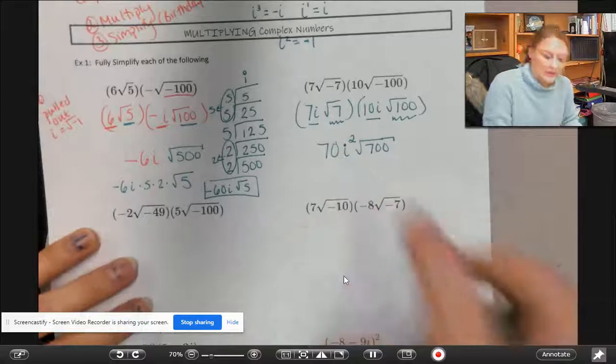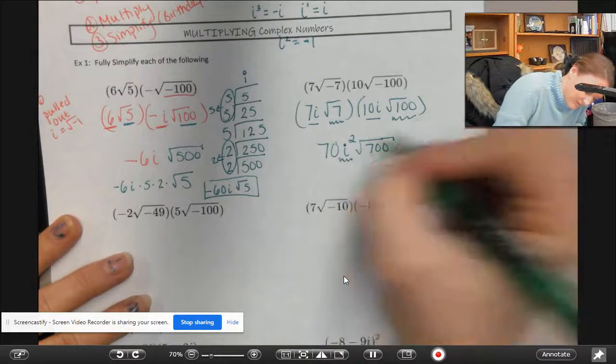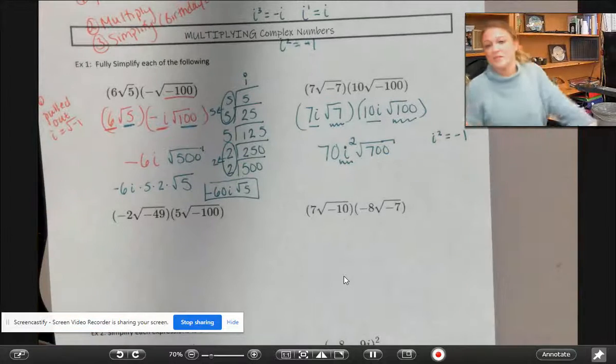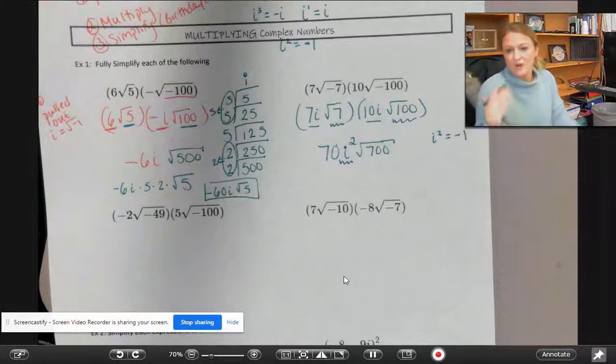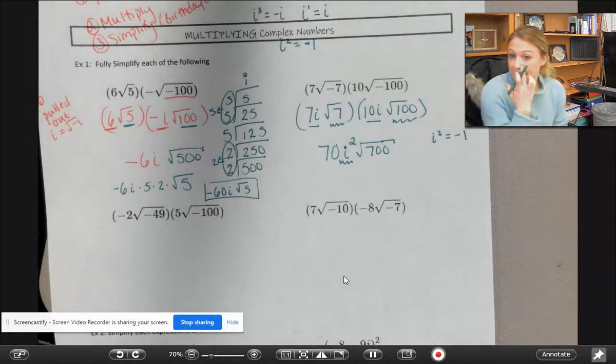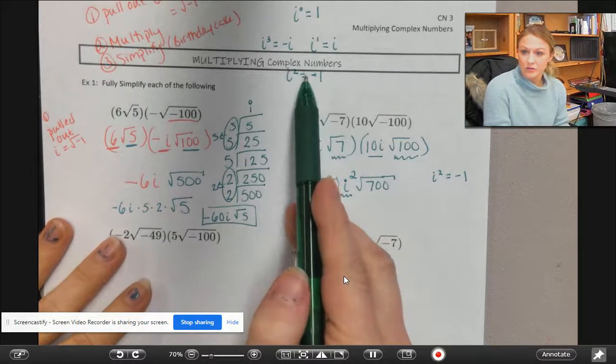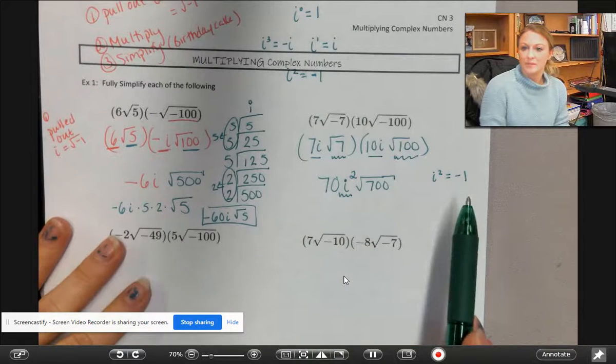So we have an i squared here. i squared equals negative 1. So we have to remember, this is a new thing we're seeing here. If you see i squared, i third, i fourth, i fifth, i sixth, if you see any of those numbers, you have to use your circle graph and simplify it.